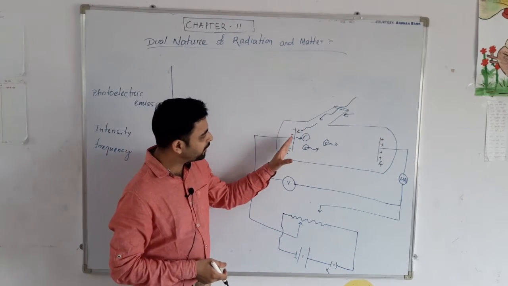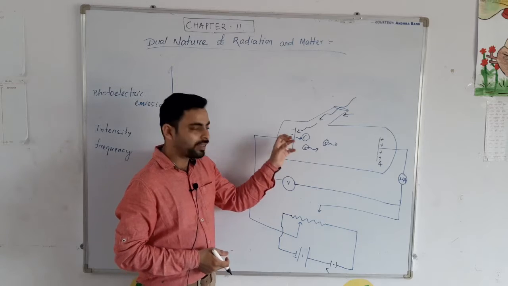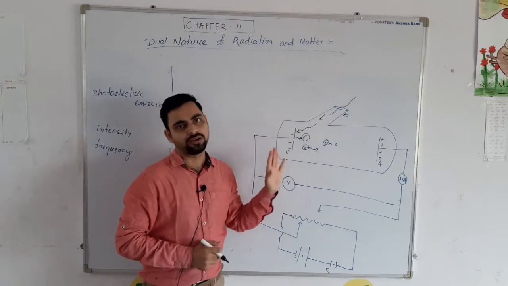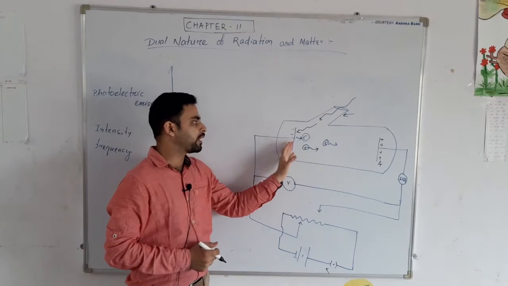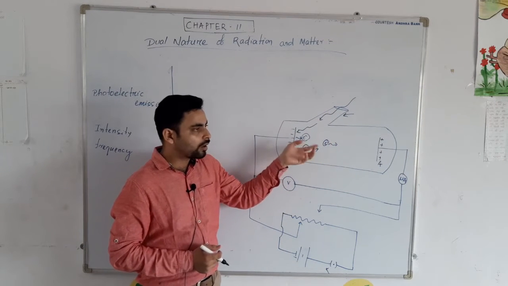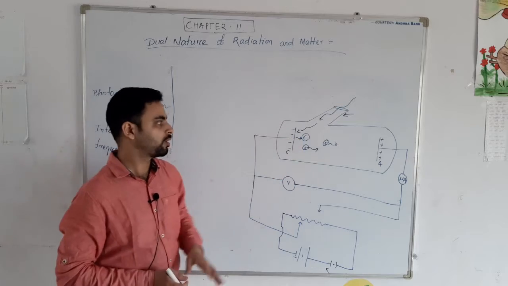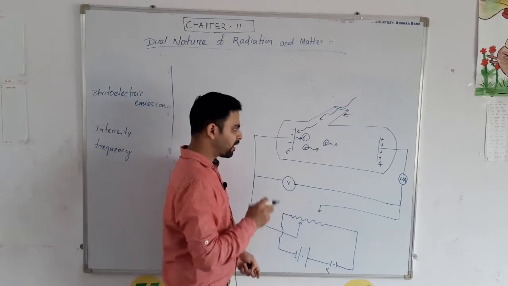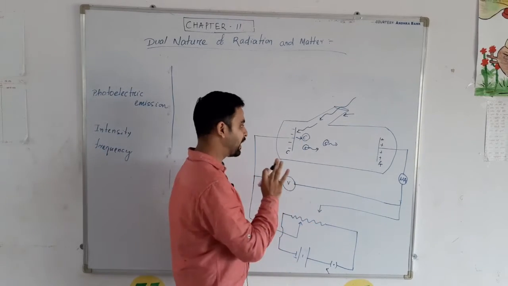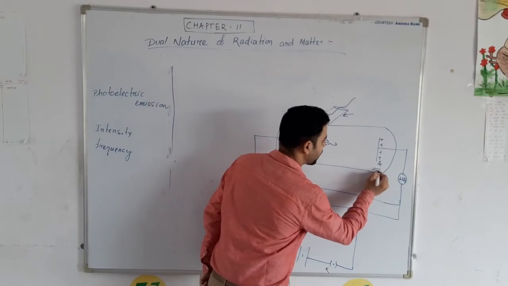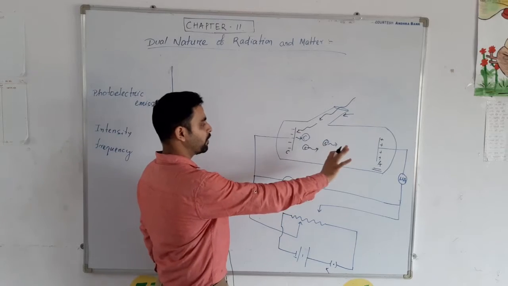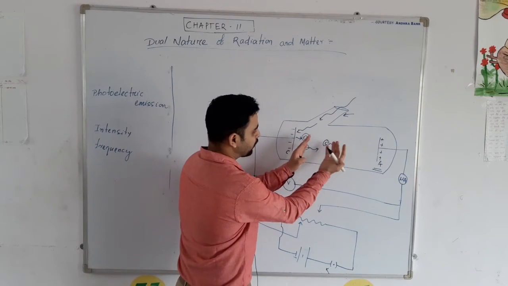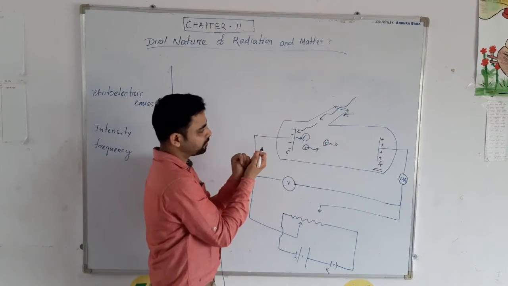As they are emitted from plate C, they have certain initial kinetic energy. But all the electrons do not have sufficient kinetic energy to reach plate A. Look here, millions of electrons are being emitted, and between these electrons a repulsive force is also acting.